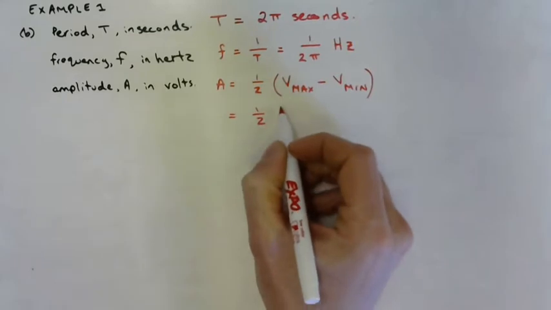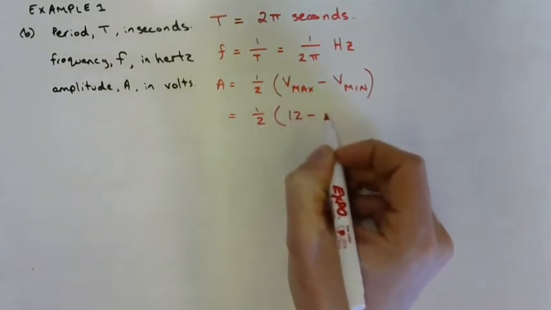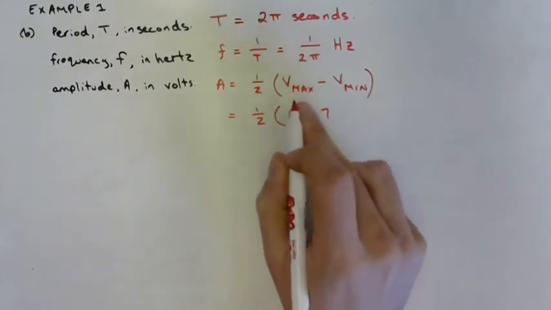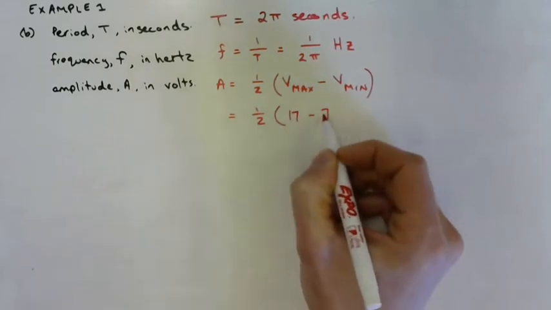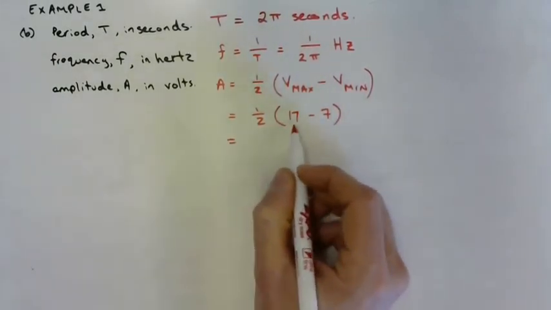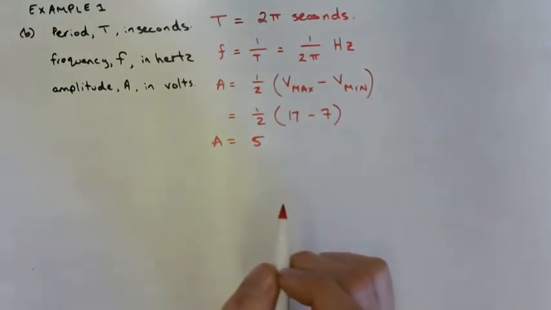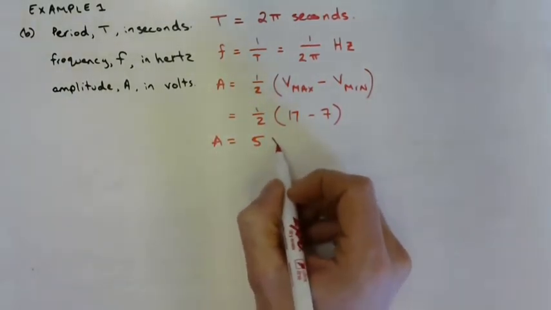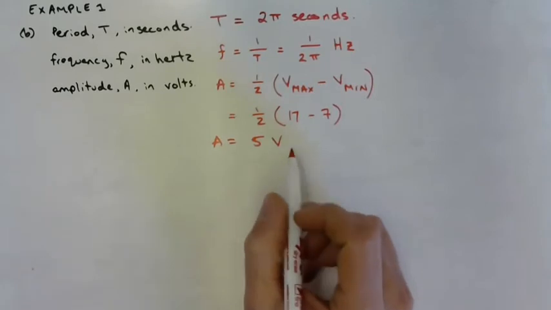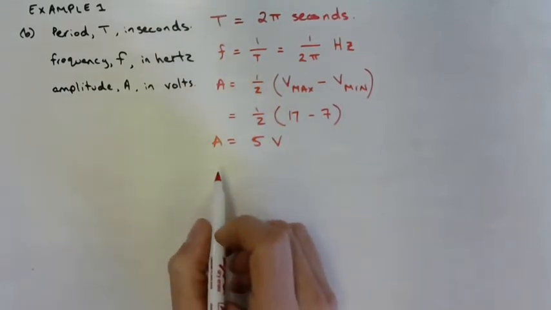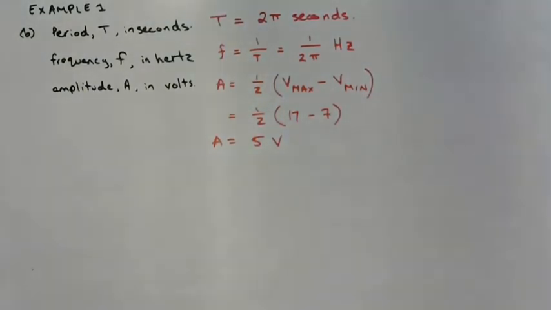So that's 1/2. Our max was 17, our min was 7. So 17 minus 7 is 10, half of that is 5. So the amplitude is 5 volts, which is also, again, the coefficient of the sine t term in our original equation.